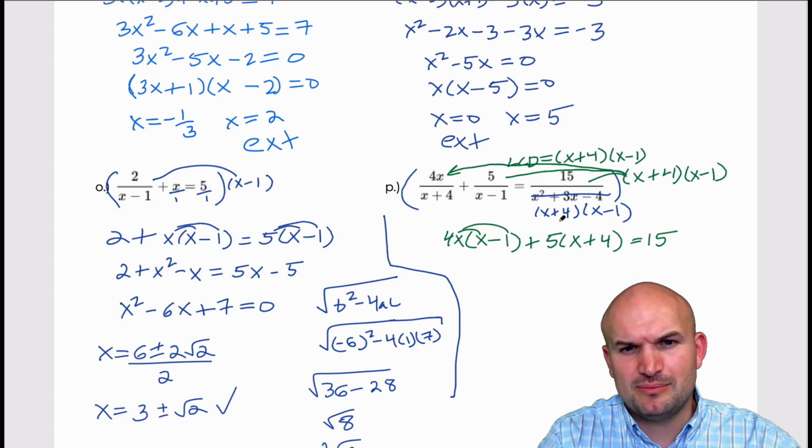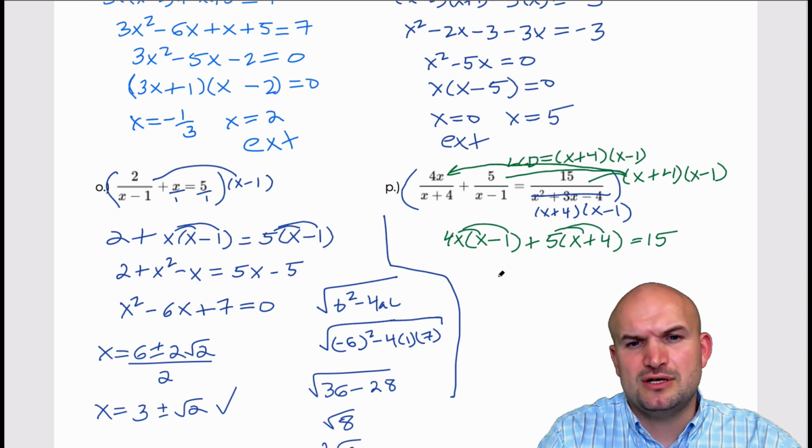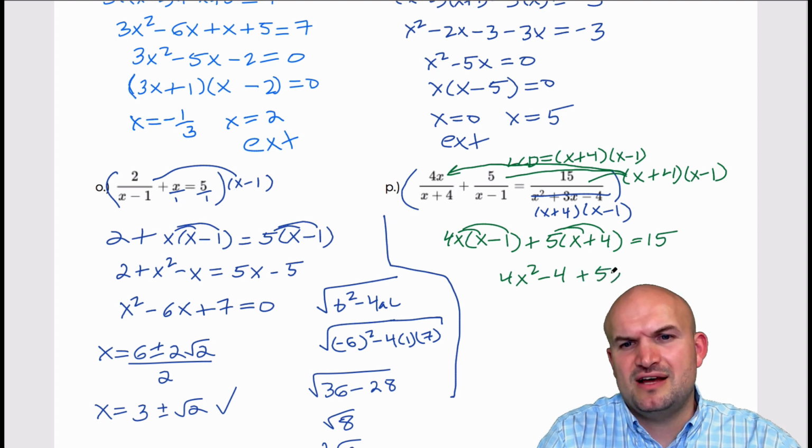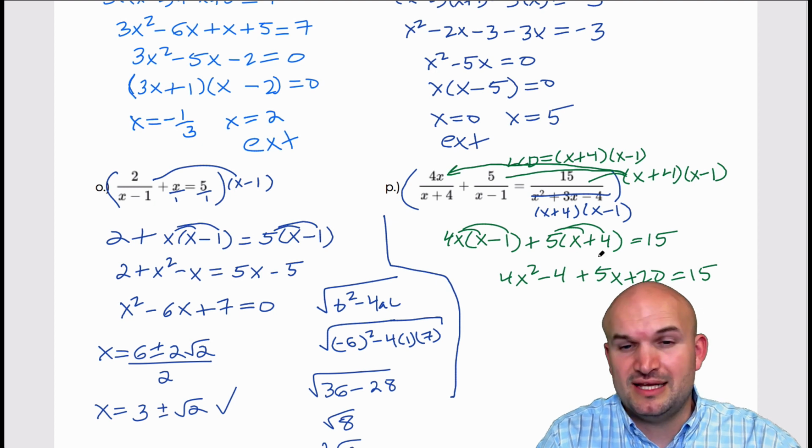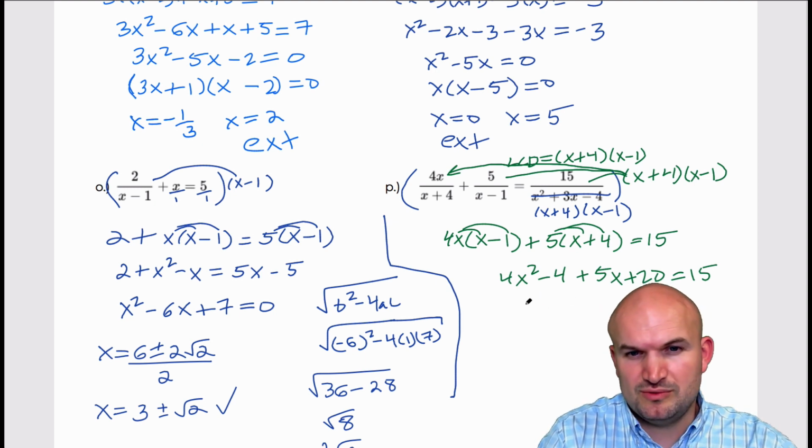So now let's go ahead and apply the distributive property here. So I'm left with 4x squared minus 4x plus 5x plus 20 is equal to 15. Again, we have a quadratic, so we're going to simplify all this.